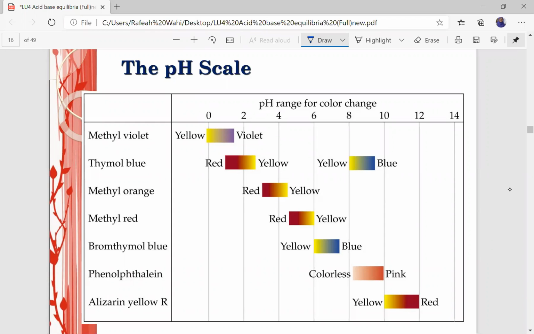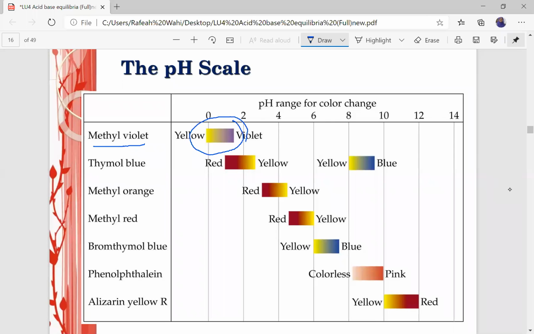So they can only be used for titration that has an endpoint or an equivalence point at that particular pH range. For example, in order for you to use methyl violet, it is only applicable if you have a titration which has endpoint or equivalence point occurring between 0 to 1.5 only. Okay?